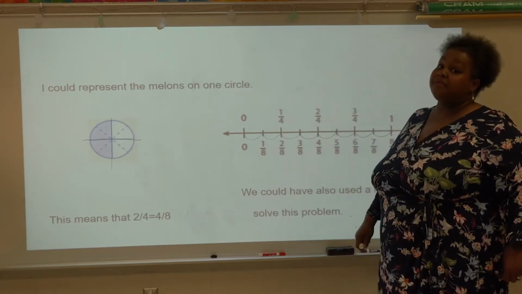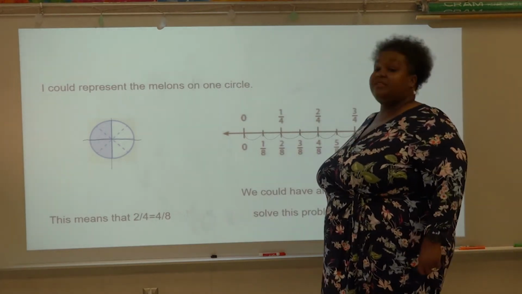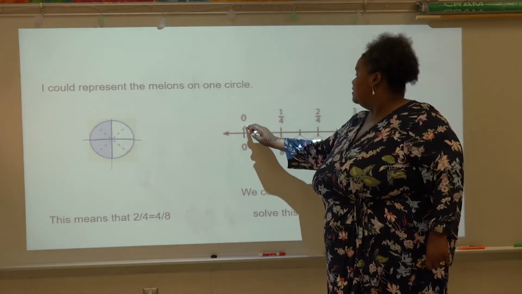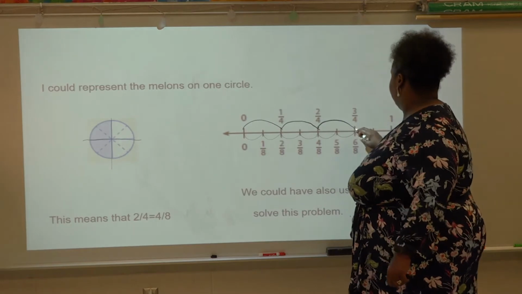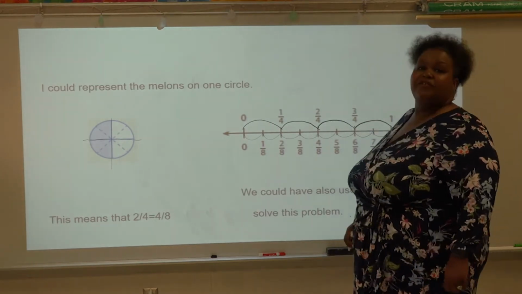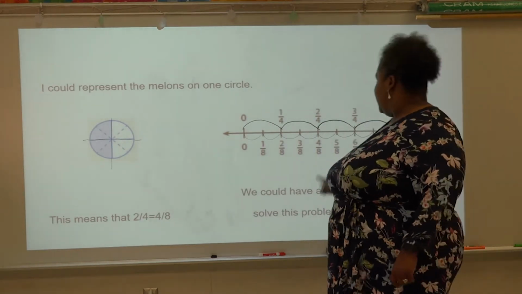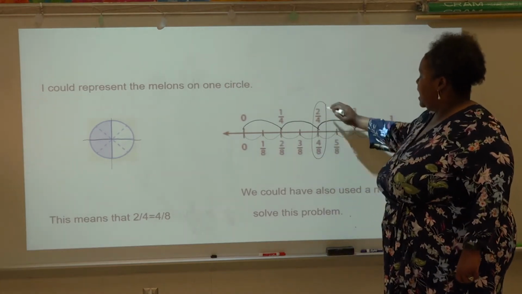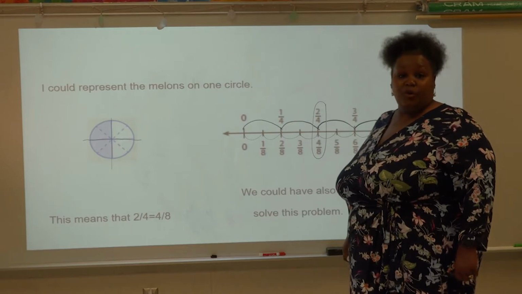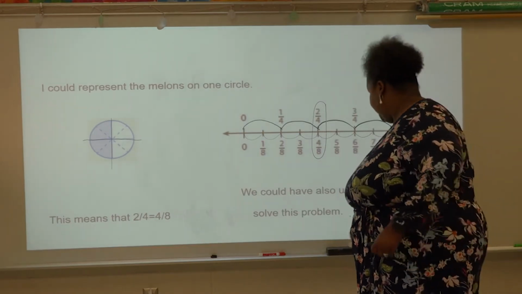Let's look at the top and see if it was divided correctly into fourths. 1, 2, 3, 4. Yes, 4 equal pieces. And it shows me that 2/4 and 4/8 are equivalent fractions using a number line.